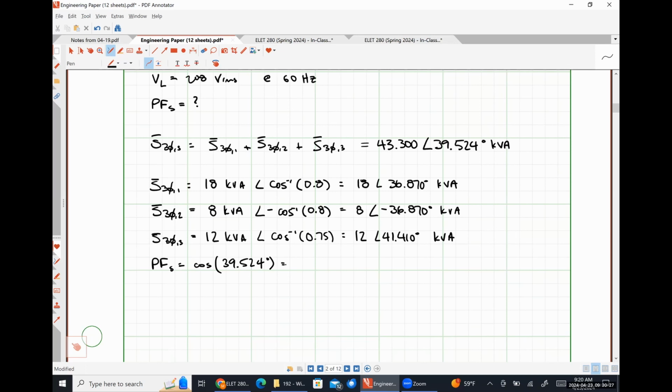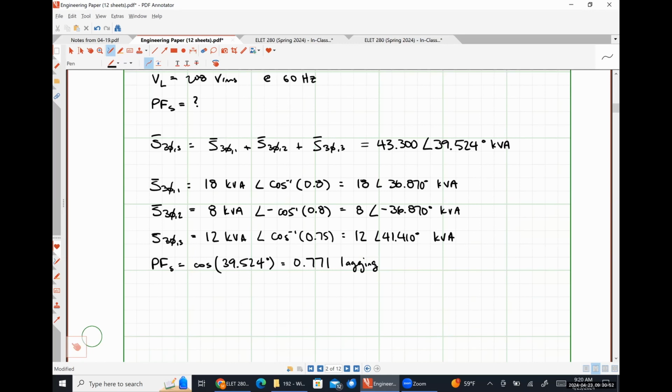Cosine of the angle of what I have stored as T. 0.771. Is this power factor leading or lagging? Lagging because the angle is positive.